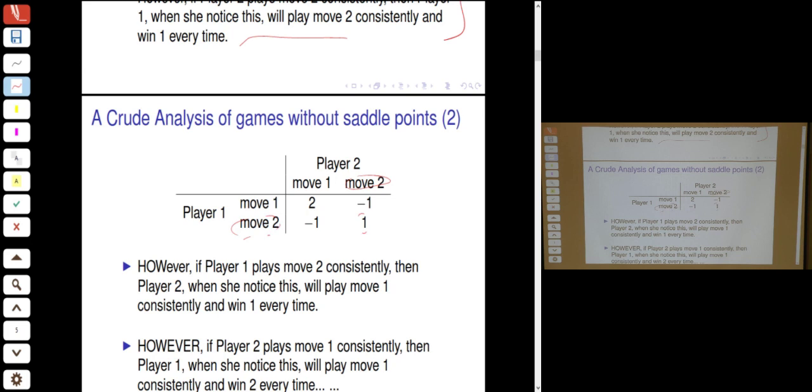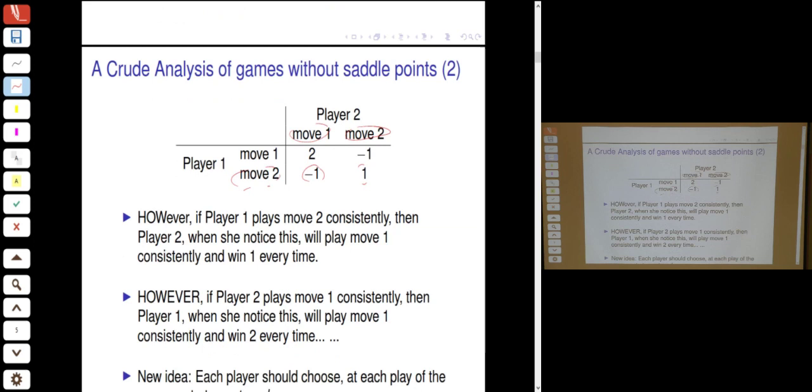So now he is winning 1, he is getting a payoff of +1 at every round. And if he keeps on doing this consistently, then player 2 will notice that after some point and he will change to move 1 when player 1 actually loses 1. Right? His payoff is -1 and player 2 gains 1.